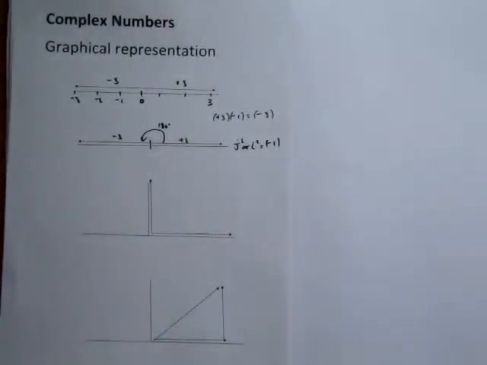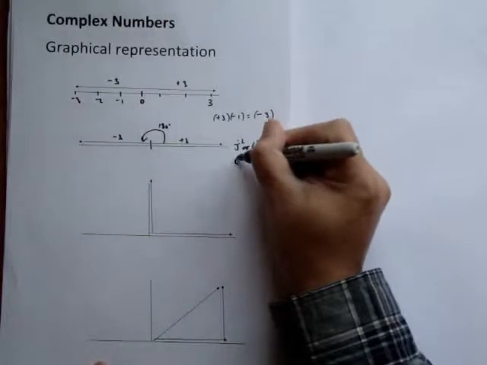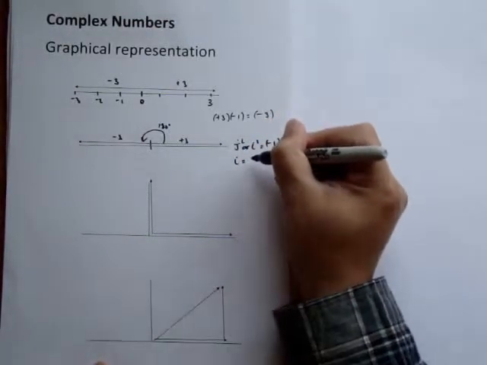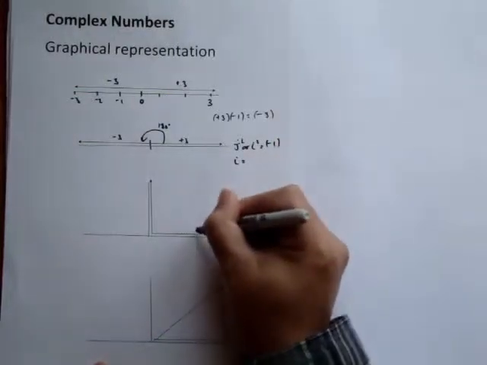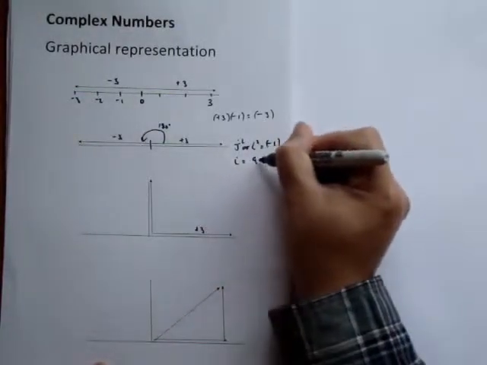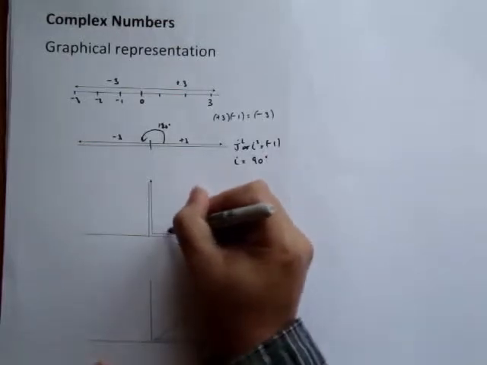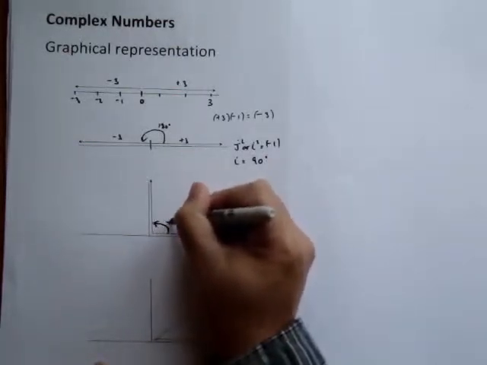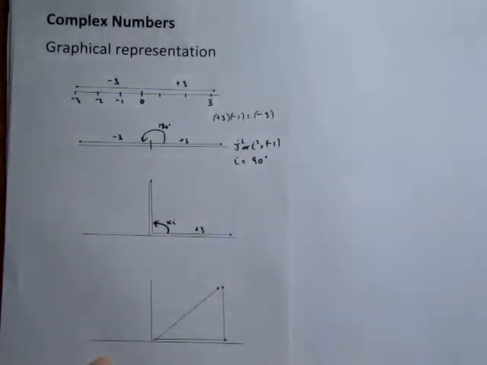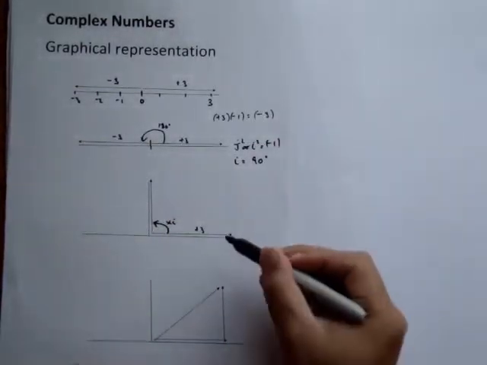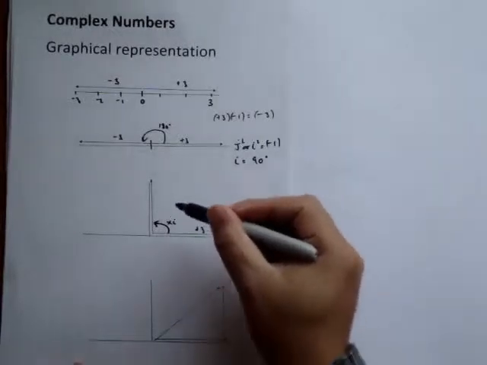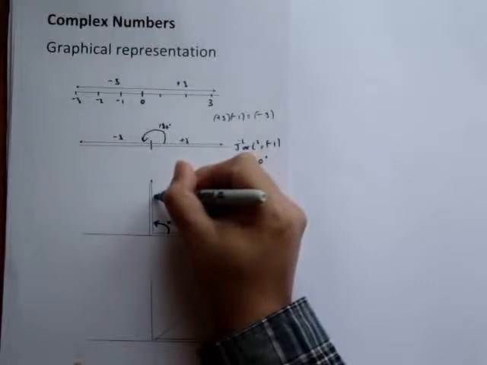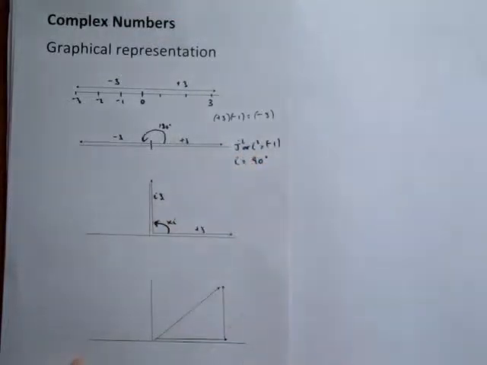So if we multiply by i, that would be similar to rotating the line plus 3, which is over here, by 90 degrees. So if we multiplied by i, which is what we're doing there, it's rotating that by 90 degrees, and we get i3.